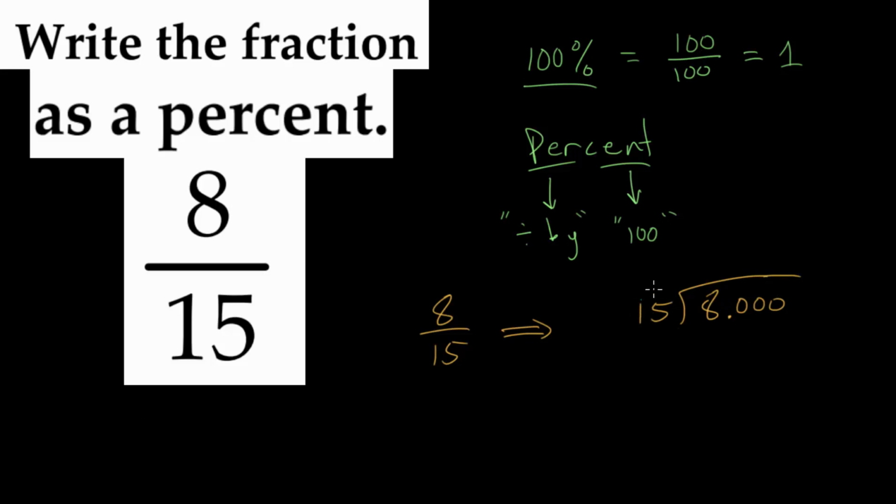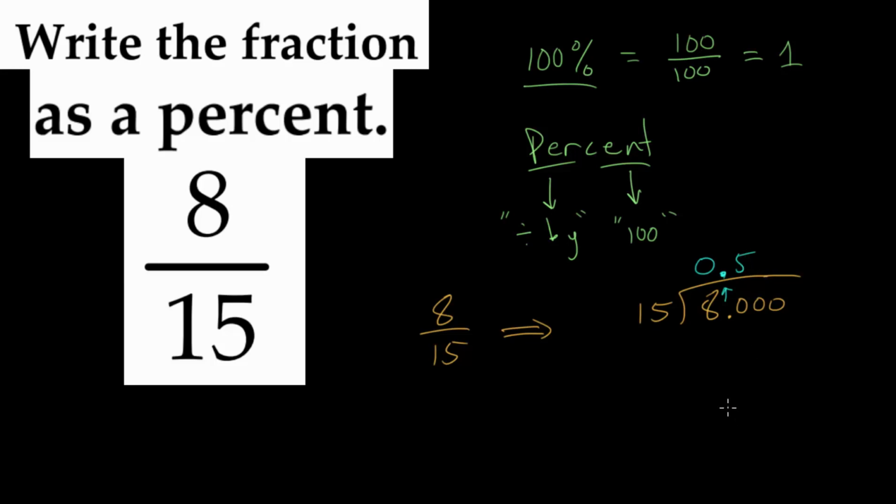So we start by asking how many times does 15 go into 8, and it doesn't, so we move to the next digit. How many times does 15 go into 80? And since we moved over, we do need to bring up that decimal. We know 15 doesn't go into 8, so we can put a 0 there. And 15 goes into 80 5 times.